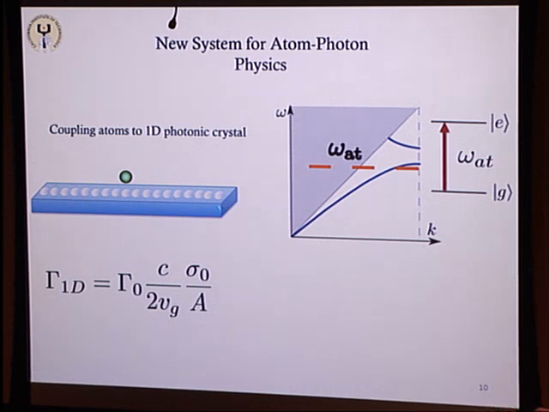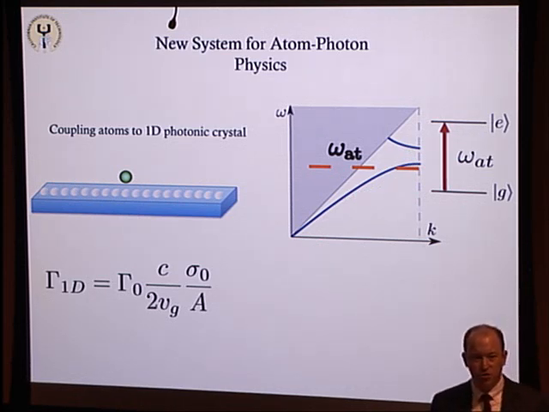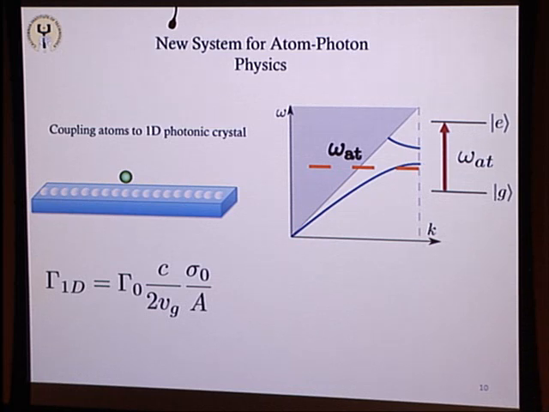But this structure has a dispersion relation, so it has a band gap. There are states within the structure where photons cannot propagate, or light cannot propagate, in these specific frequencies. And so what we want to do is couple our atom to this structure. For these structures, we use the language of waveguide QED as before.